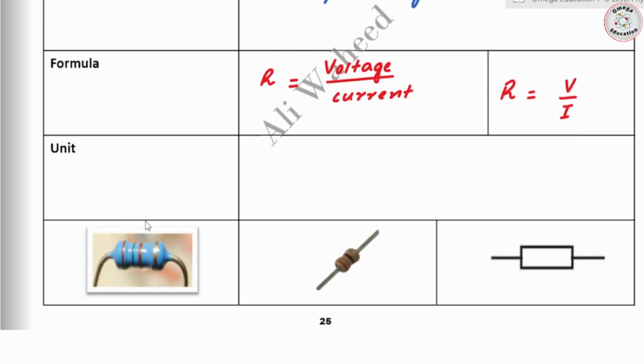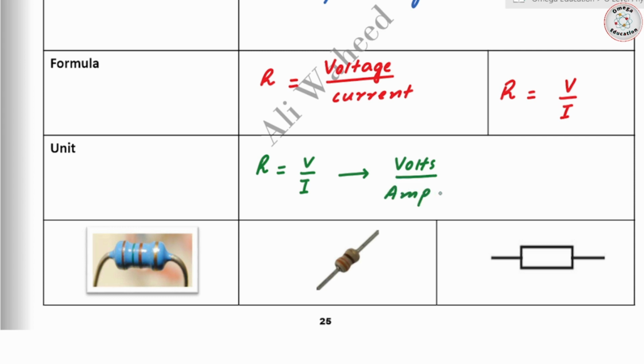The unit of the resistance. All right, so we can obtain the unit from the formula itself. Like we know, resistance equals voltage over current. Now let us write the units of both of them. The unit of voltage, as we know, is volts, and the unit of current is ampere.